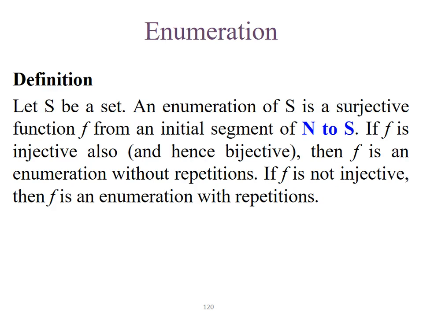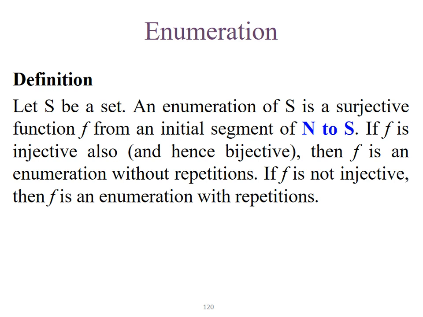All right. Next, let's see a new definition: enumeration. An enumeration is a certain function from n to x. If you have an arbitrary set x, then you can define how to map n to x.